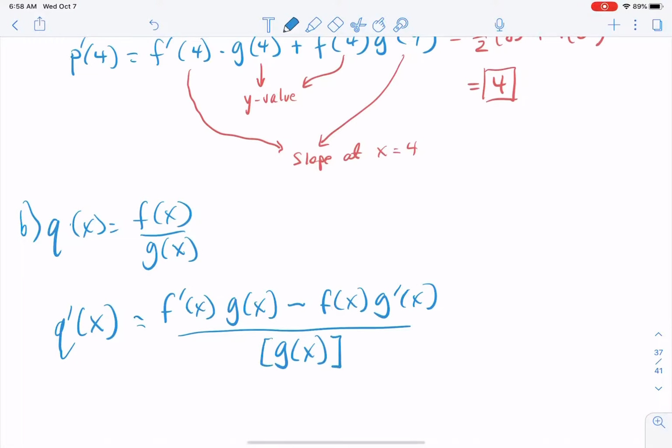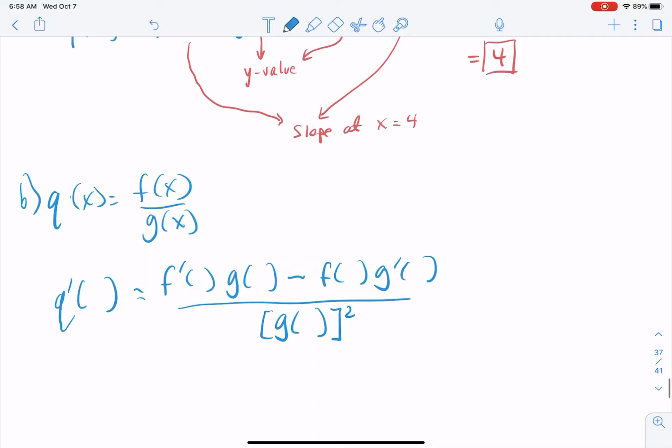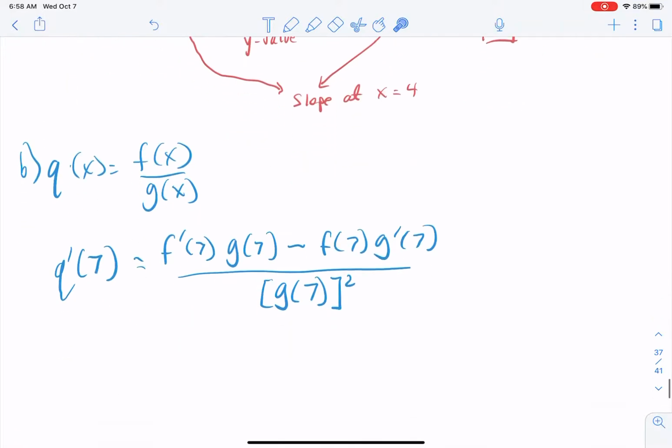And then just like I did before, I'm going to go back with my eraser, take out all the x's, and put in a 7. And as we stated previously, all of these are just function values that I'm going to get from the graphs, and then here we're going to get slopes to plug in.